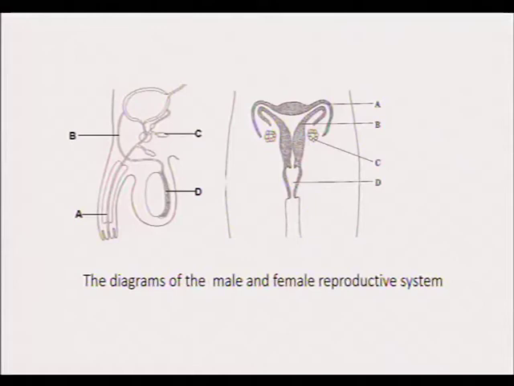The same as with the female reproductive system, it's labeled A, B, C, D, and then you have to know the structure and the function.